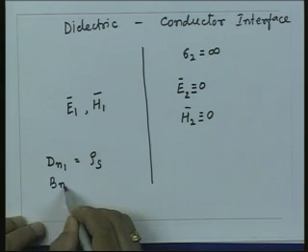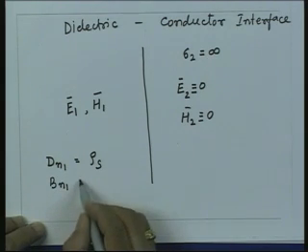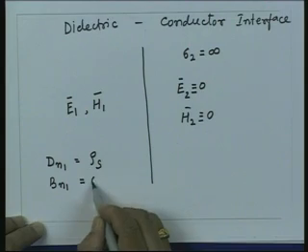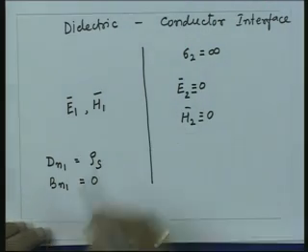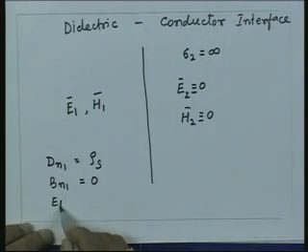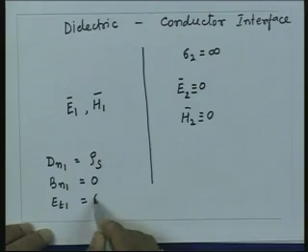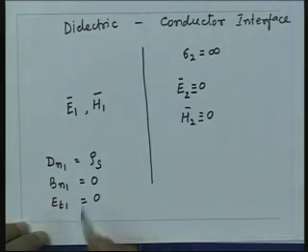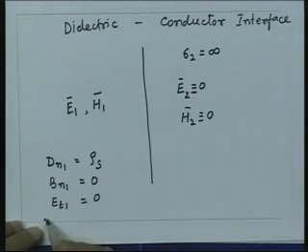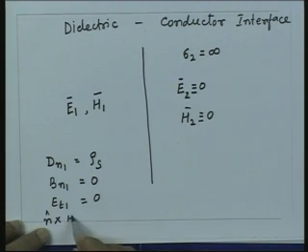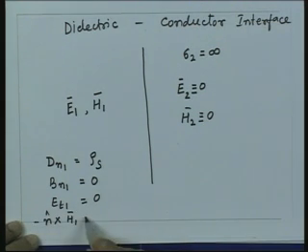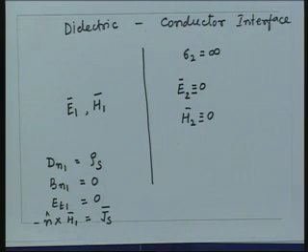Bn1 is equal to 0, Et1 is equal to 0 because Et2 is 0, and n cross H1 is equal to the linear surface current density.